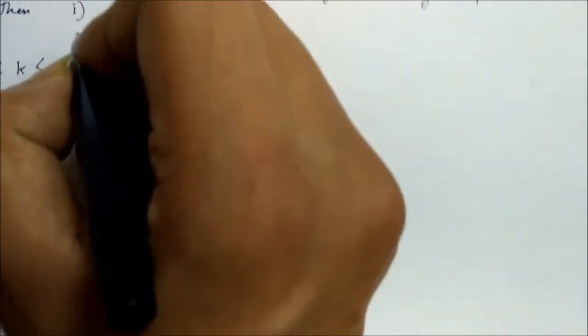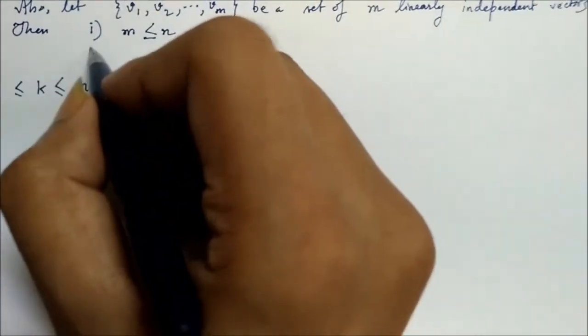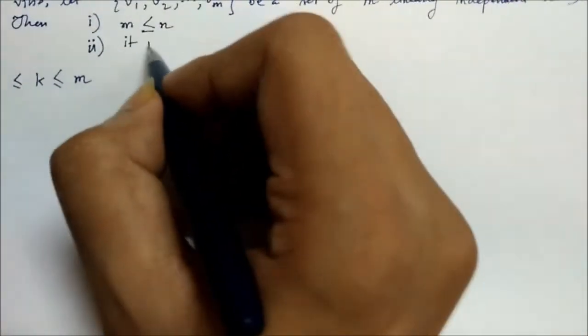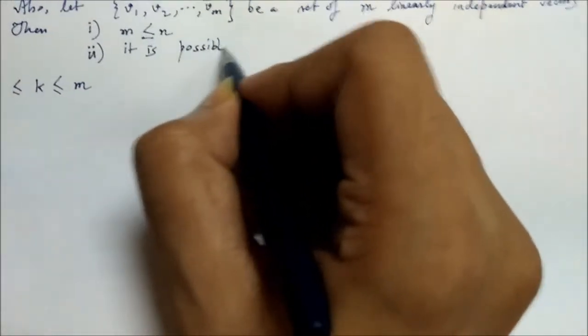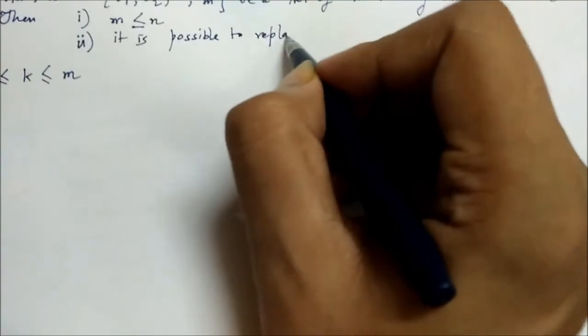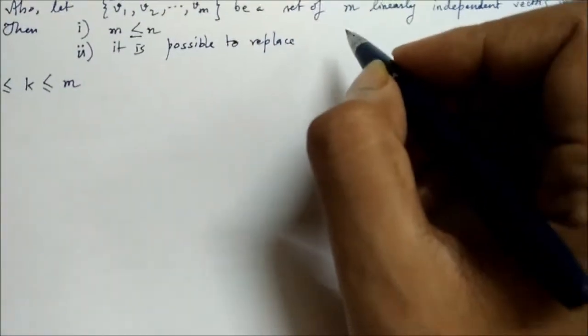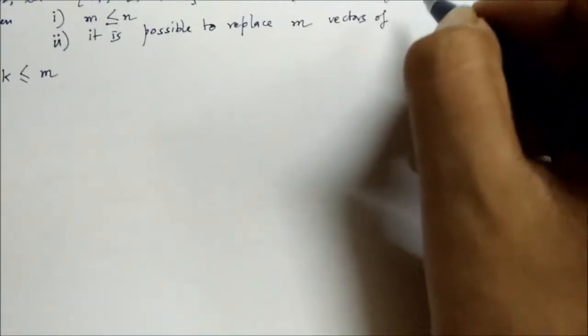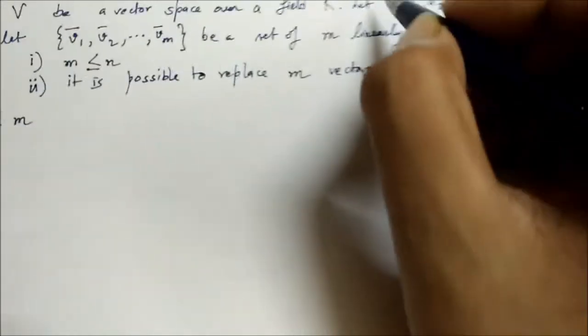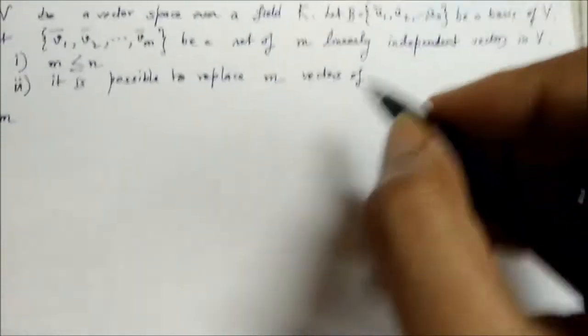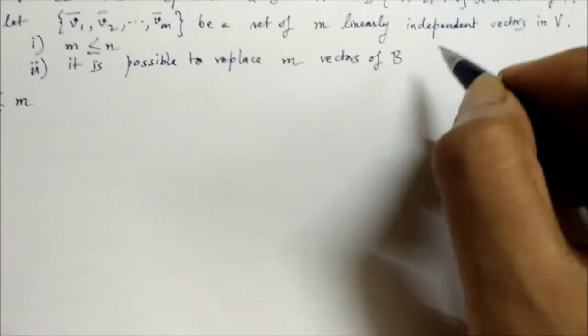The lemma states that there are two parts actually. The first part is m is less than or equal to n. The second one says that it is possible to replace or exchange, whatever you call, m vectors of, let's call the basis capital B, of B by these vectors.